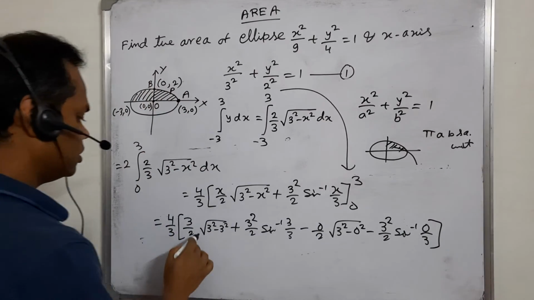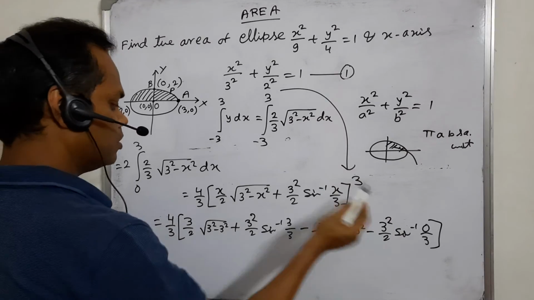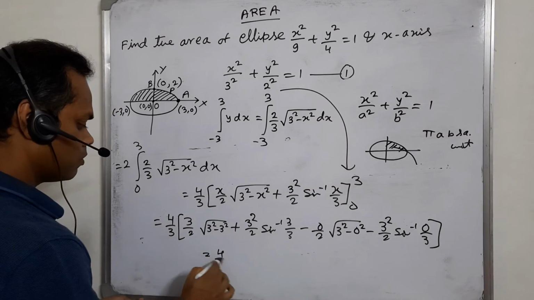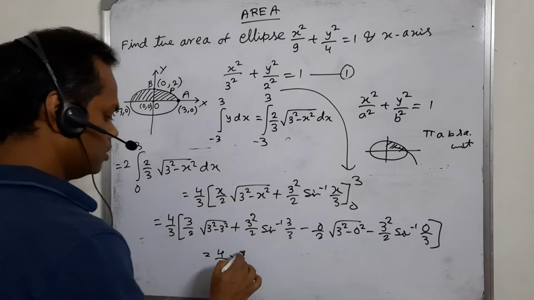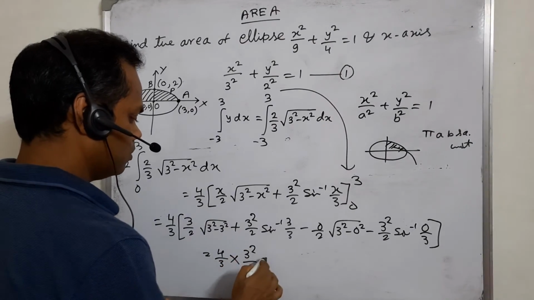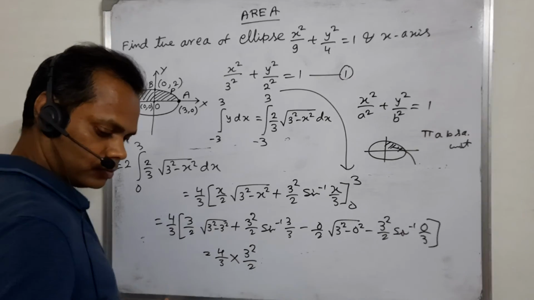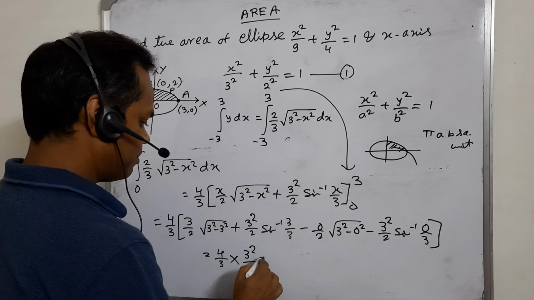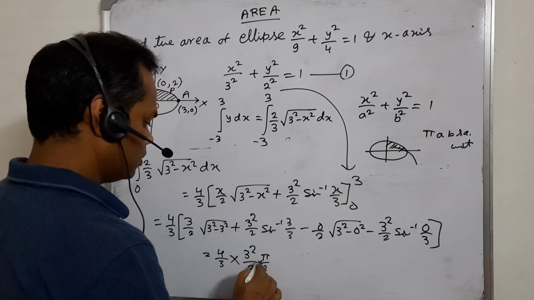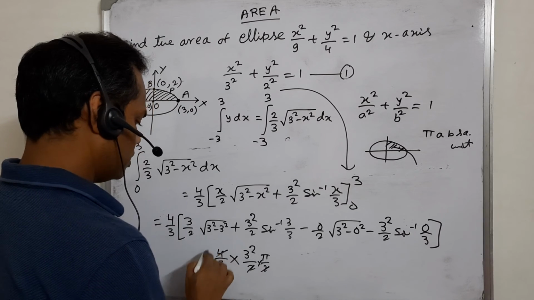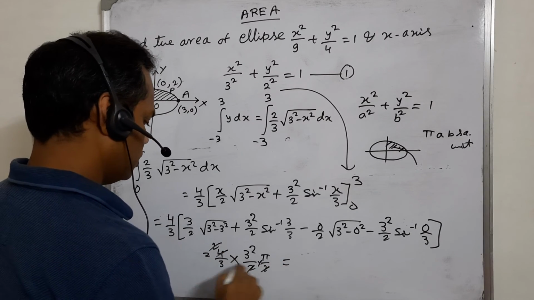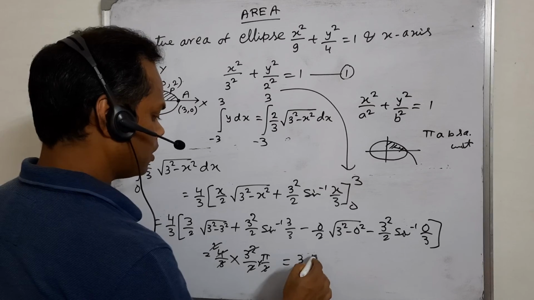So this one is 0, this one is 0, this one is also 0. So 4 by 3 into 3 square by 2 sin inverse 1, which is pi by 2. So the 2s cancel, the 4s cancel, and this is 3 pi.